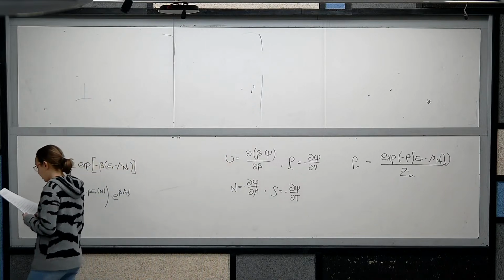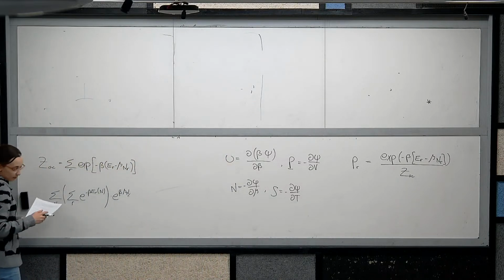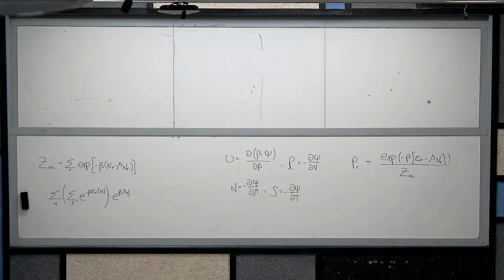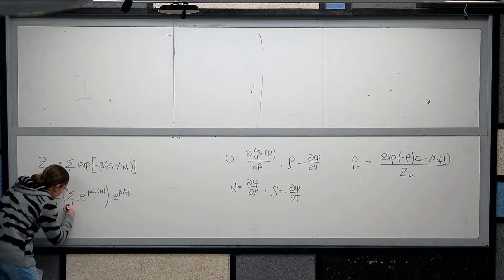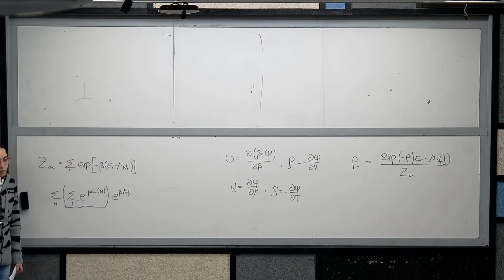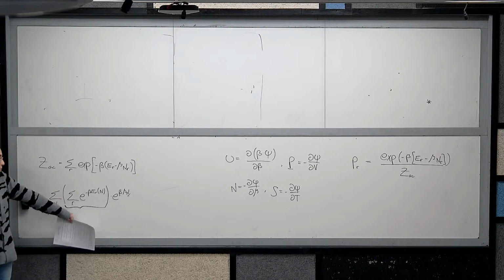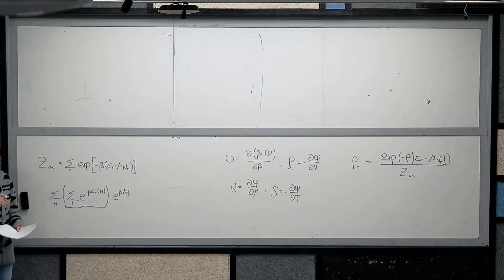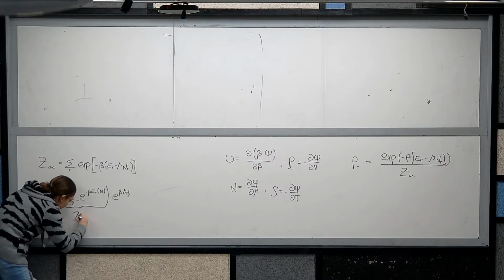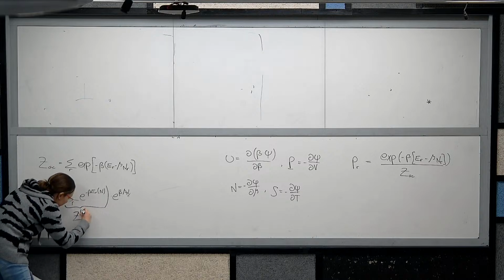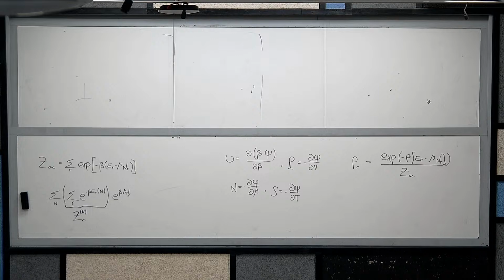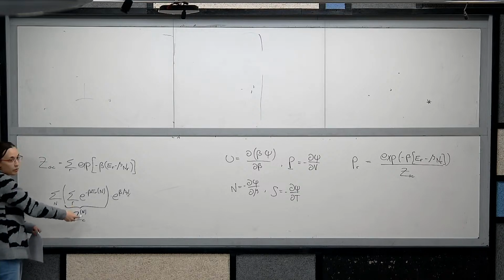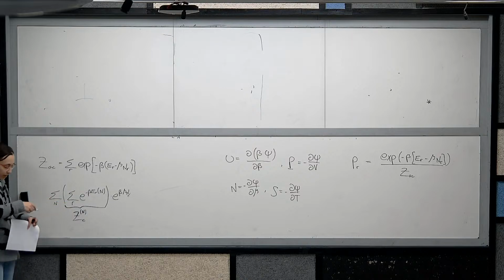So actually what we have here is, for some number of particles, we're summing over all possible states. And then we get the canonical partition function for some specific number of particles. So this is the canonical partition function for n particles, and then we're summing over all possible numbers of particles. So we get all possible states.